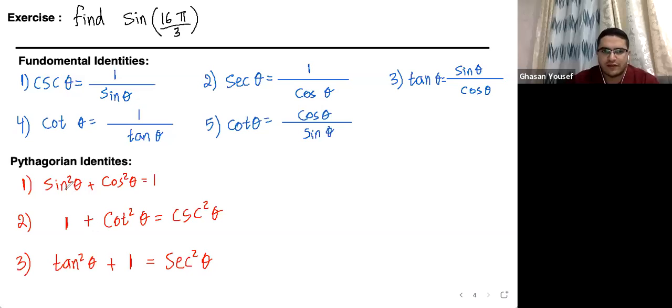So all of them are the Pythagorean identities. First one is sine square plus cosine square equals 1. 1 plus cotan square of theta equals cosecant square. Tan square plus 1 equals secant square. You should memorize these identities.